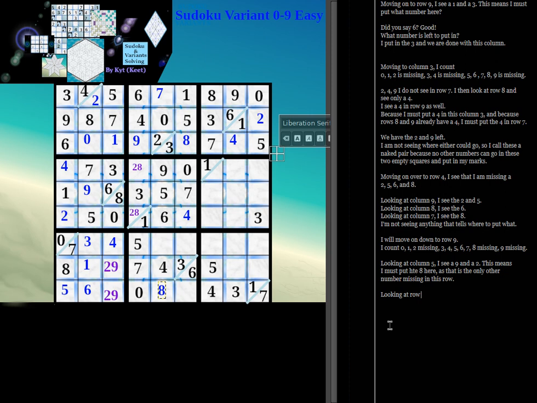Looking at row 6, I do not see a 2 or a 9.